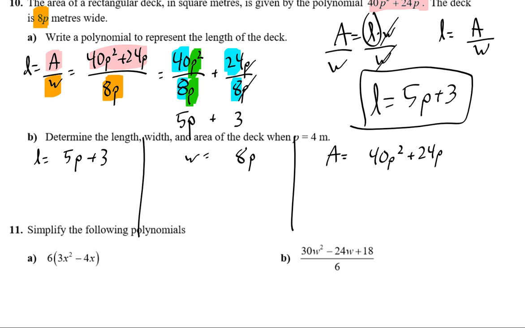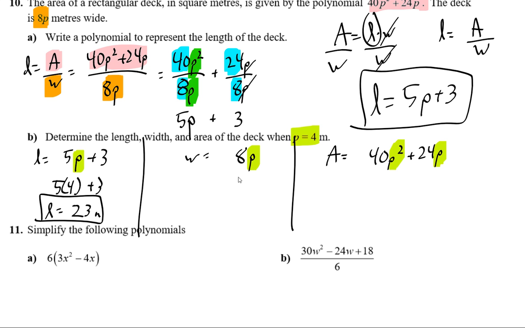They say what happens when we have p equal to 4. So wherever p is, I'll replace it with a 4. So this is 5, replace that p with a 4. It's 20 plus 3, which is 23. Our length should be 23, and that's meters. They tell us meters.